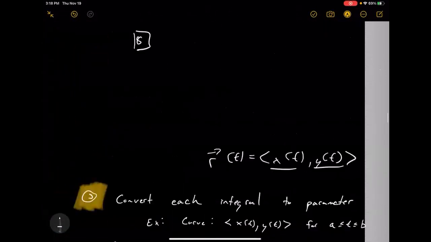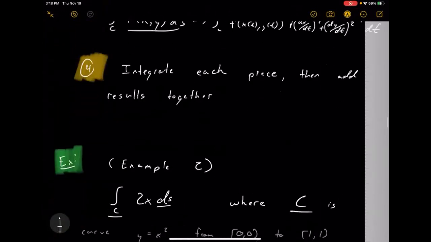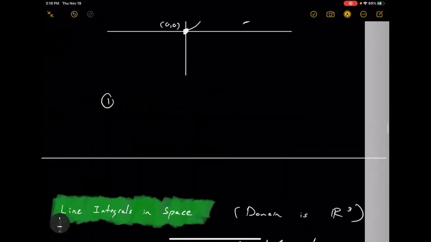All right, so let's go through this step by step. What's step 1? We break the curve C up into recognizable pieces. Well, we have y equals x squared for x between 0 and 1.